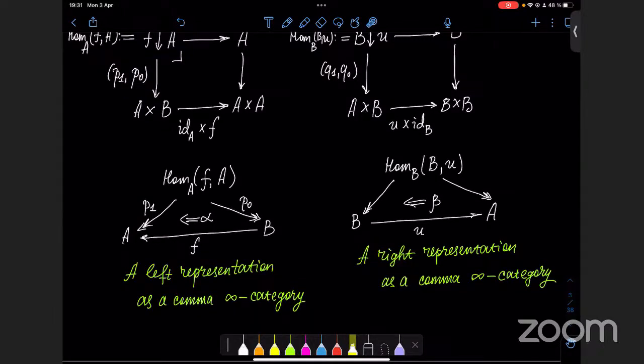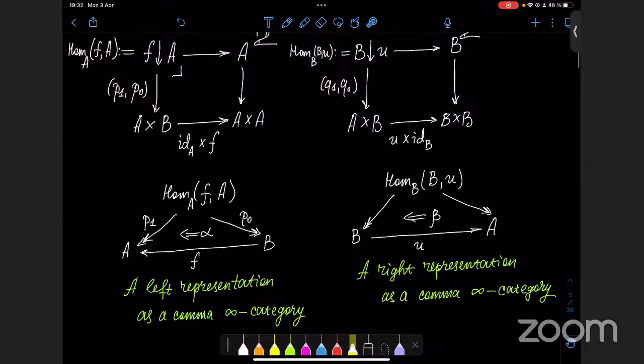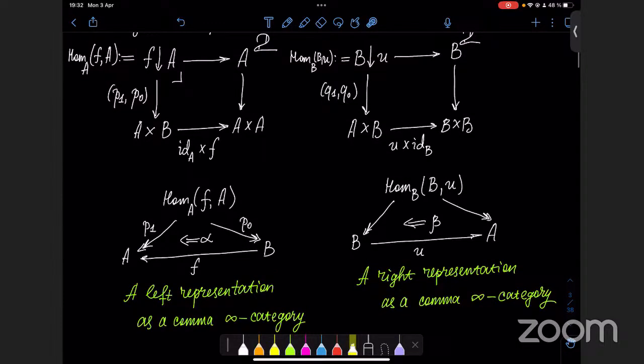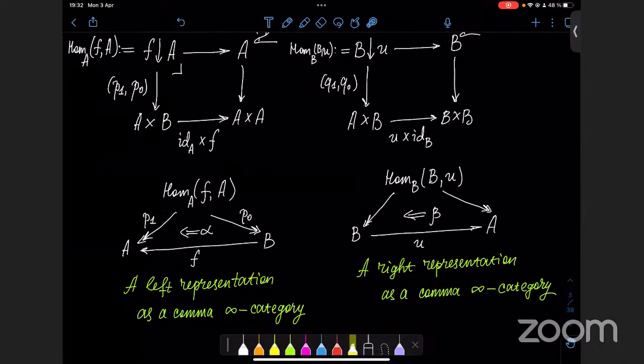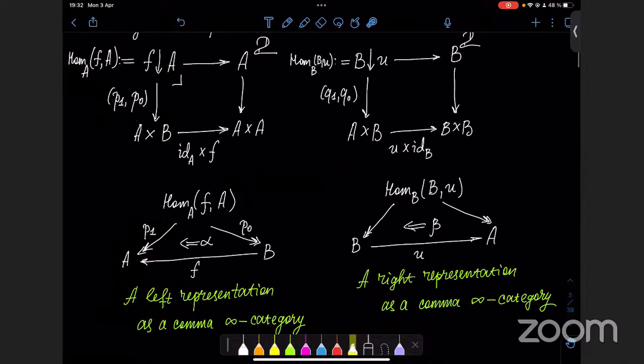So in some cases we have the equality that some comma object between F and G equals this one with the identity, and then we will say that we have a left or right representation as a comma infinity category.